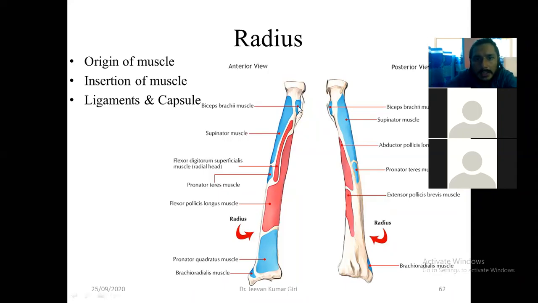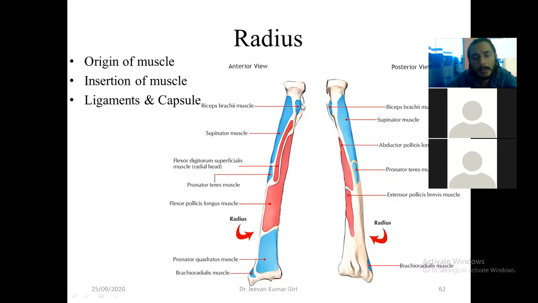Which muscle is this? This is the biceps brachii muscle. What is the origin of biceps brachii? That we have already completed. Now see the insertion here, in the radial tuberosity, in the posterior rough part of the radial tuberosity.